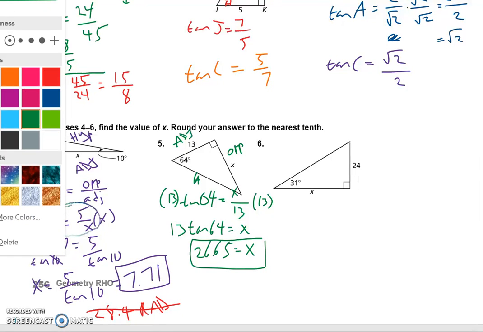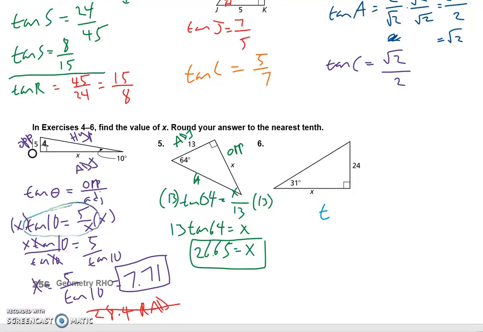Great. Last one on this page. You have tangent of 31 equals, that's opposite, that's adjacent, equals 24 over x. So I'm just going to use the shortcut here.